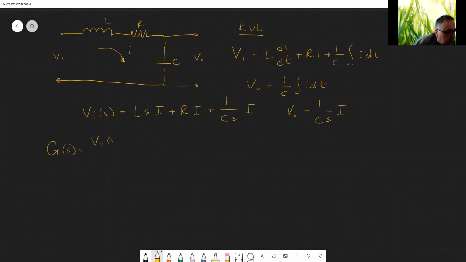The output voltage divided by the input voltage gives us 1 over CS times I. This is like this, if you like.